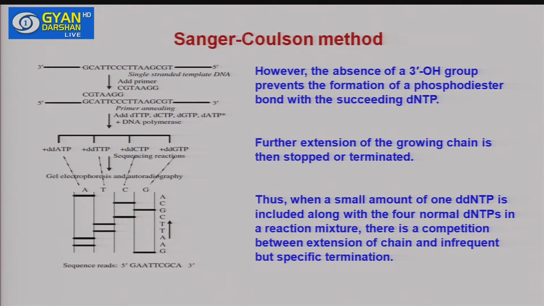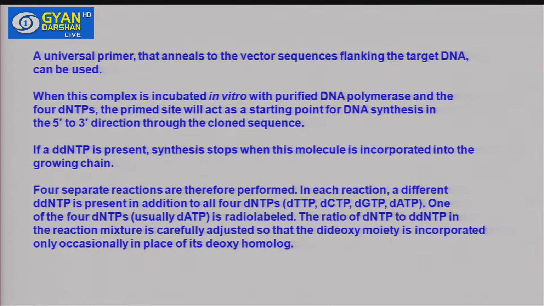And then after this mixture is prepared, you separate it into 4 different tubes, and in each tube you add one specific ddNTP, like you can see in the diagram. So if ddNTP is present, as I told you, synthesis will stop when this molecule is incorporated into the growing chain.